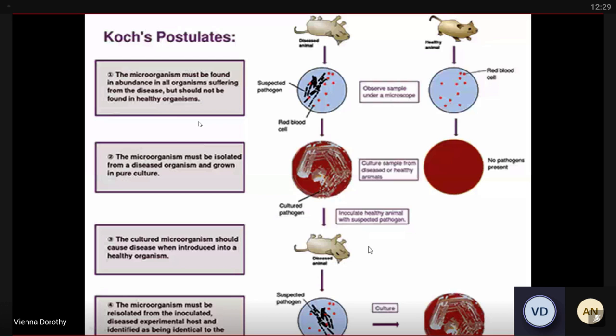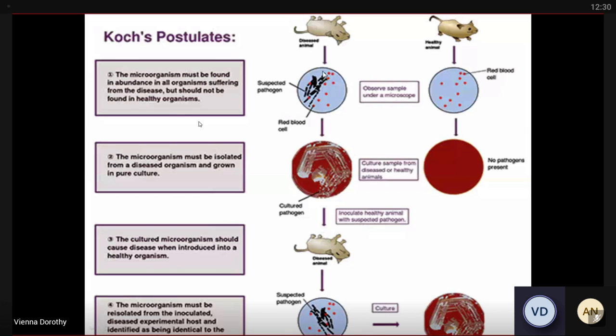Now that animal is suffering, it has got the symptoms. Now suppose I take out the sample from this second animal who is diseased. I take out the sample, and I should be able to see the same organism that I had seen when I had isolated the organism from the first animal.